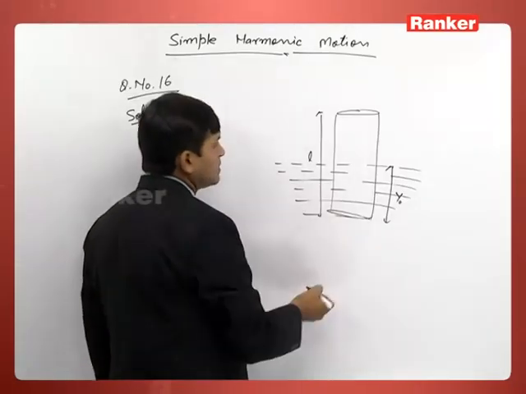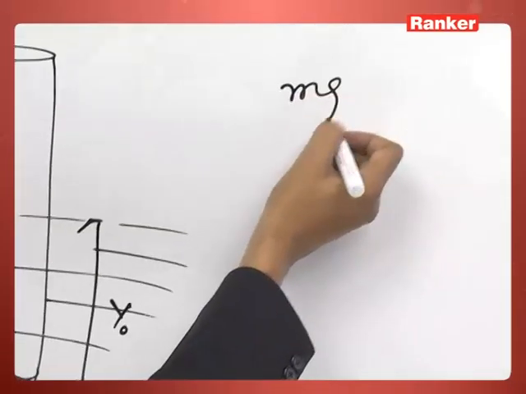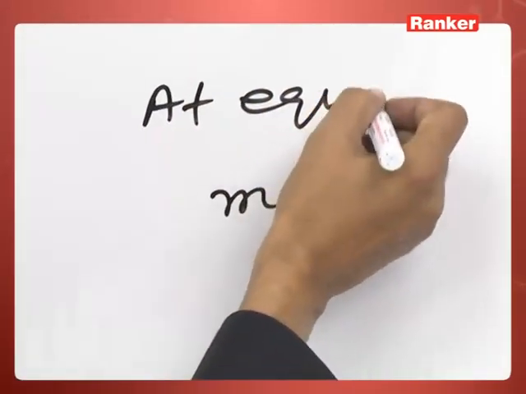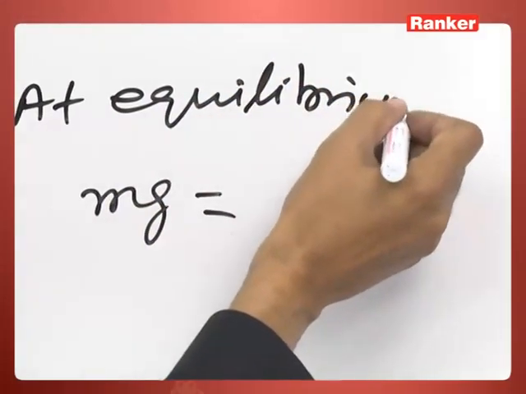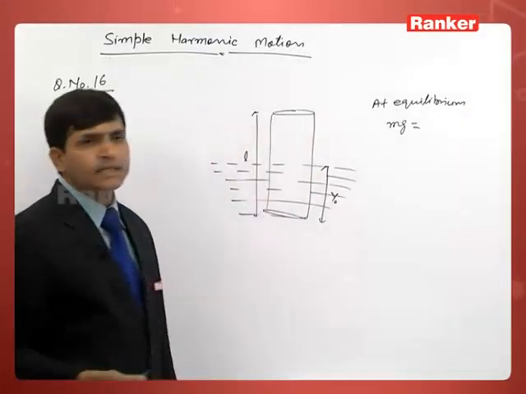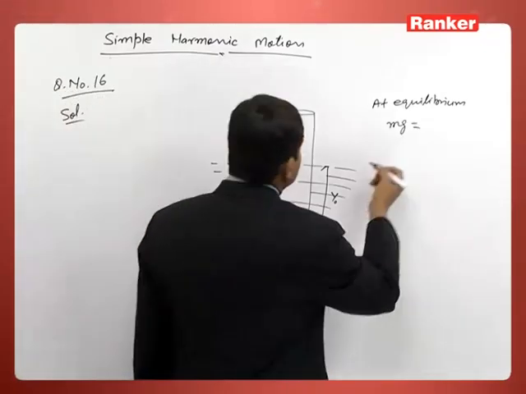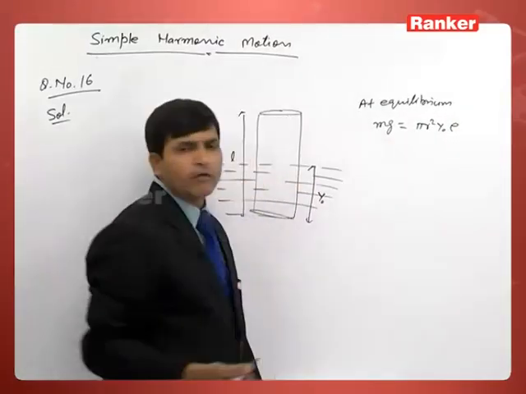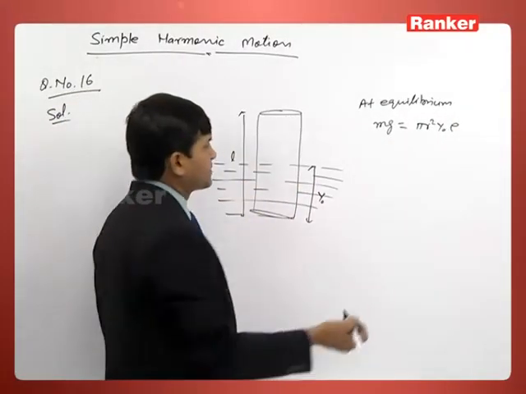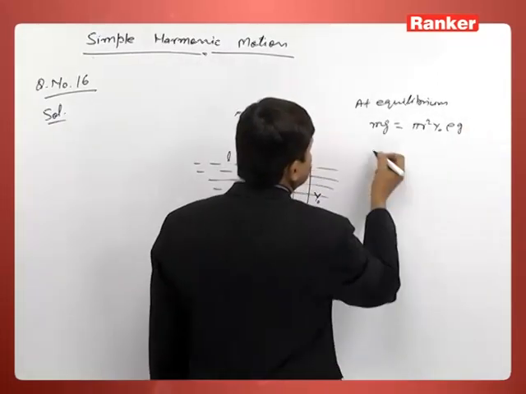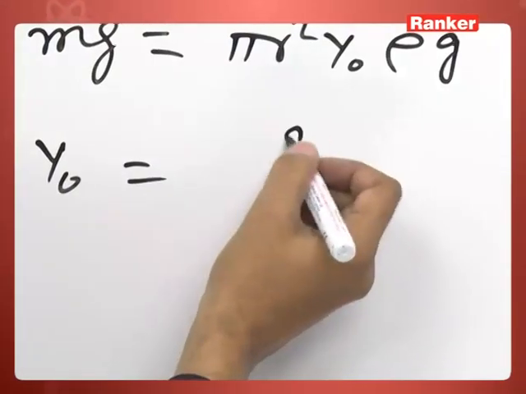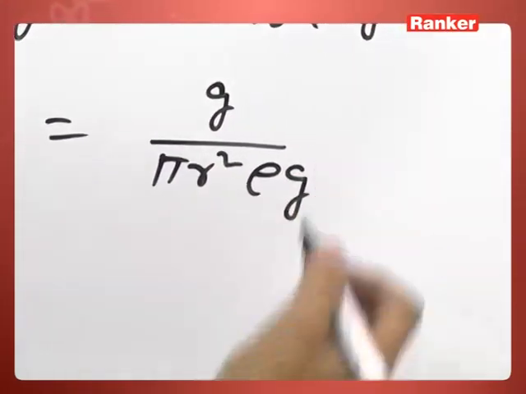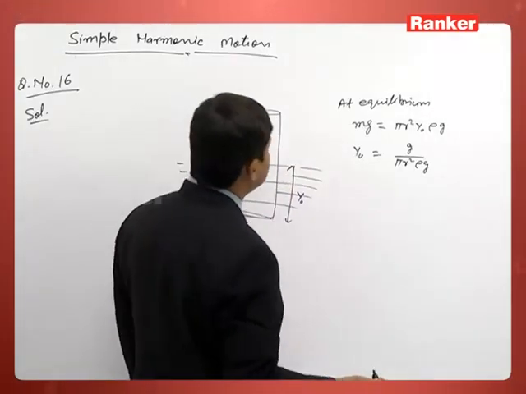So in equilibrium, the weight of the cylinder is equal to the buoyancy force. Buoyancy force is pi r square y naught, density of water rho into g. So mg equals pi r square y naught rho g.